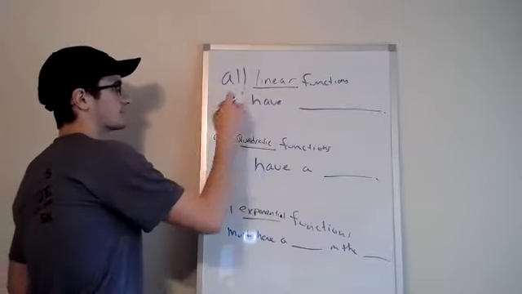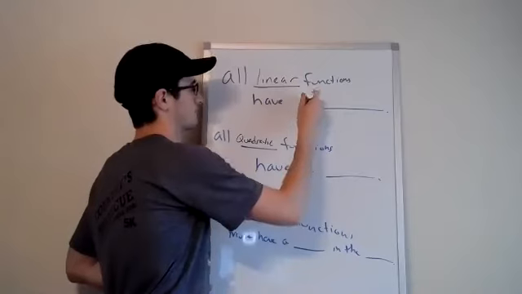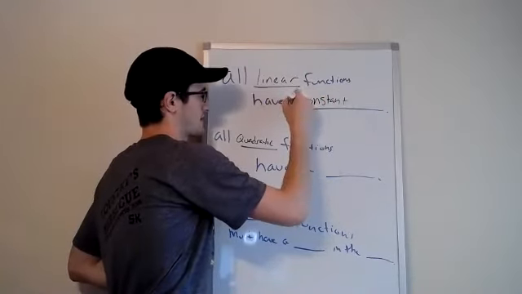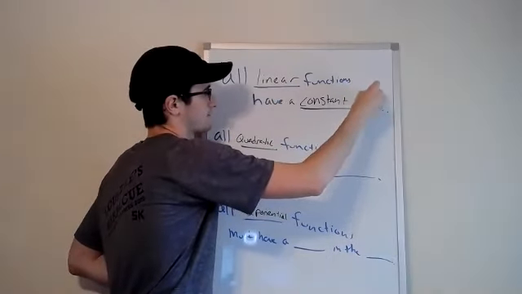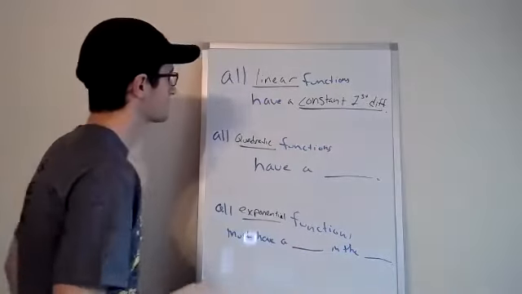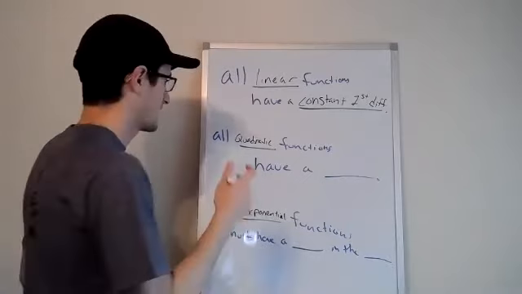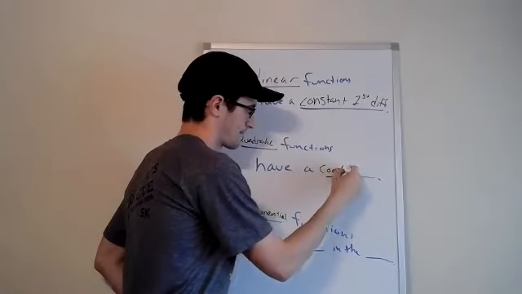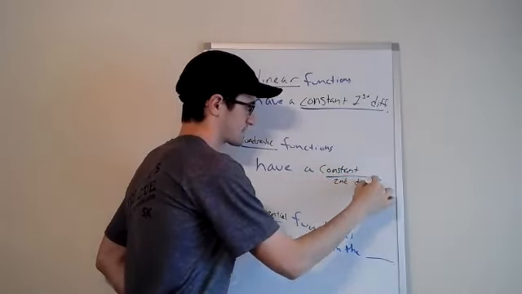So all linear functions have a constant first difference. I don't know why there's not an 'a' there. Grammar, right? Constant first difference. All quadratic functions follow the same pattern: they have a constant second difference.